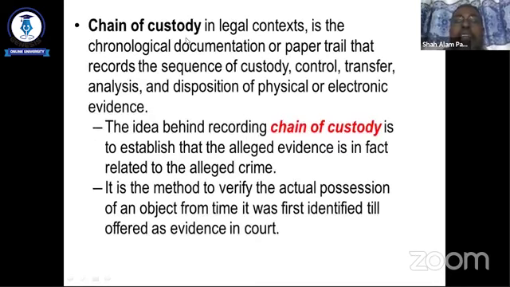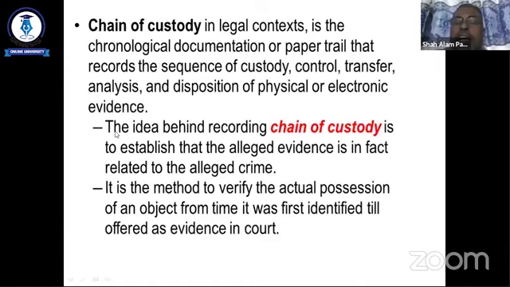There is a term, chain of custody. Chain of custody in legal context is the chronological documentation or paper trail that records the sequence of custody, control, transfer, analysis, and deposition of physical or electronic evidence.